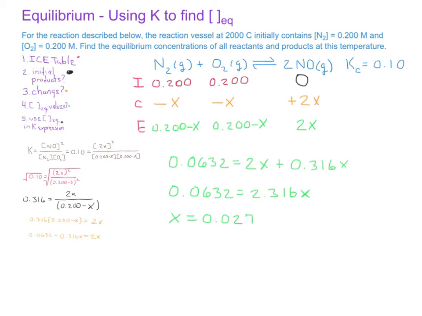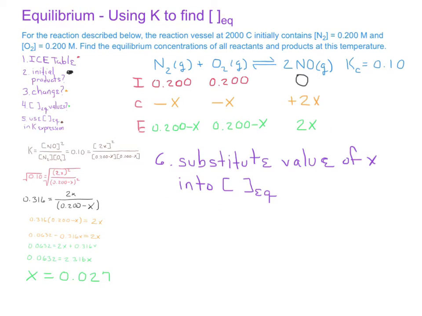However, that's not our final answer. Remember, what we are looking for is the actual equilibrium concentrations for the two reactants and the product. So now that we have this value of x, the last step is to substitute the value of x into each of these equilibrium concentrations.